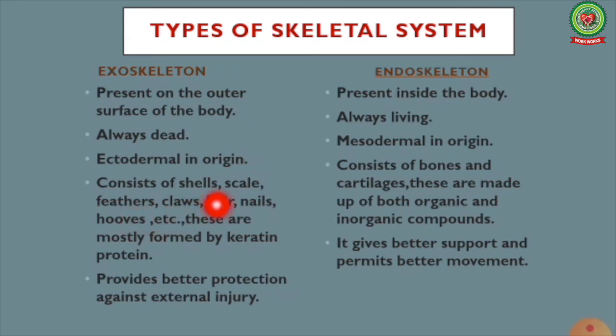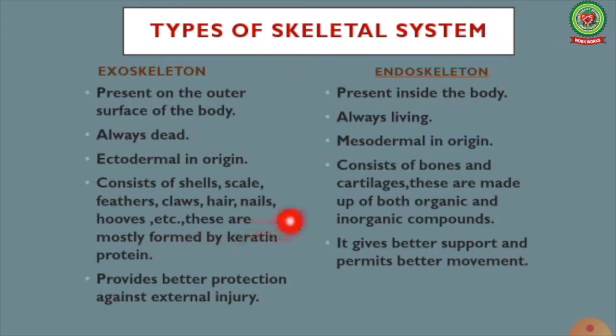Examples: shells, scales, feathers, claws, hair, nails, hooves, etc. are the parts of exoskeleton. These are mostly formed by keratin proteins and they provide better protection against external injury.